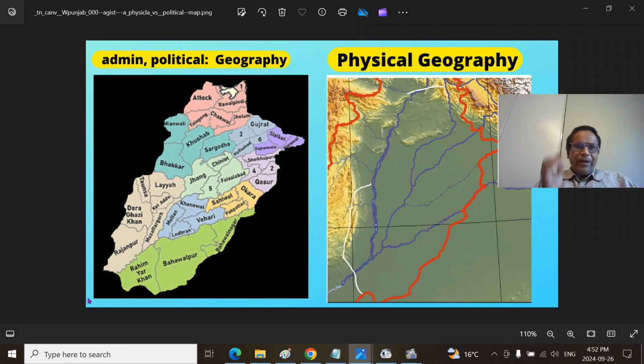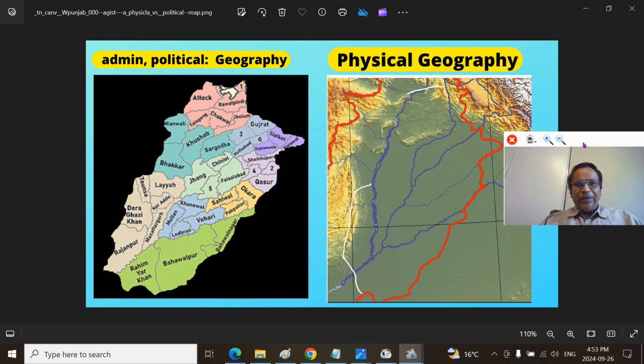Mitronam, there is a difference between general administrative or political geographic maps and physiographic maps. Here in Paschim Punjab, you will see the provinces, union territories, districts, sub-districts, tehsils, taluks, not shown here. That's the administrative part. Whereas if you look at the physiographic maps, you will get a deeper understanding of how the land is related to the rivers, water bodies, gorges, plains, peneplains, and so on.